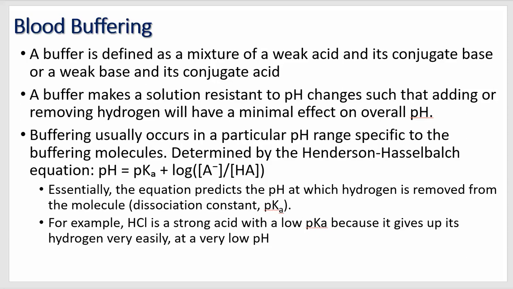Okay, so really quickly through blood buffering. A buffer is defined as a mixture of a weak acid and its conjugate base. So a weak acid is going to have a hydrogen that can be given up, and its conjugate base is going to be able to take on a hydrogen if need be, and this part of it will donate a hydrogen if need be.